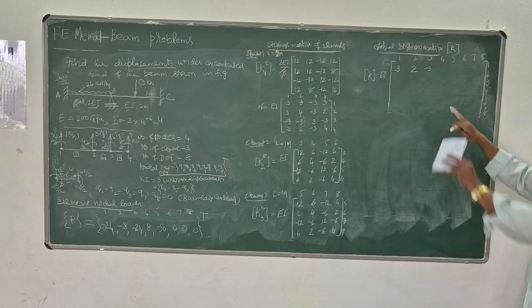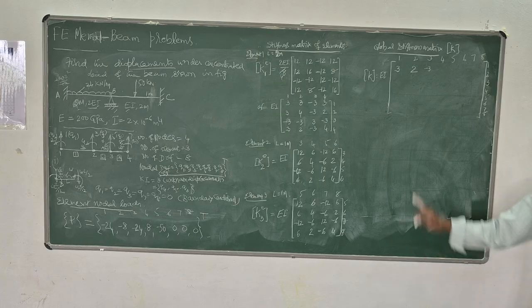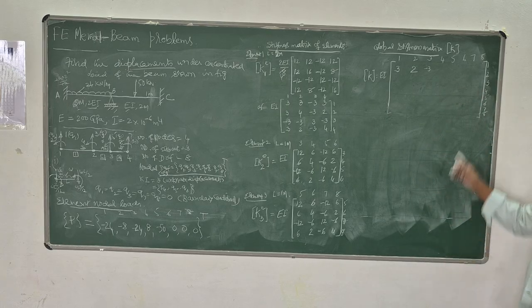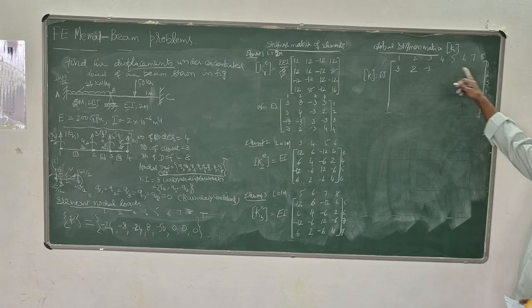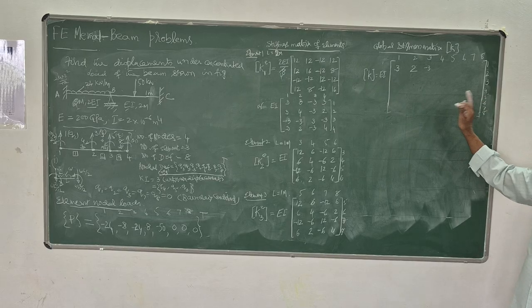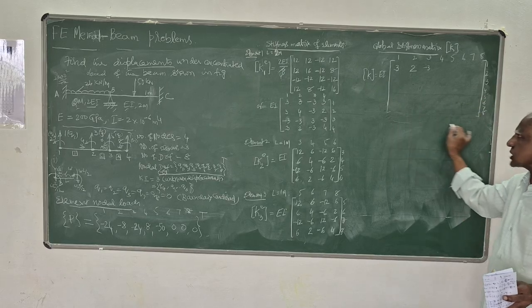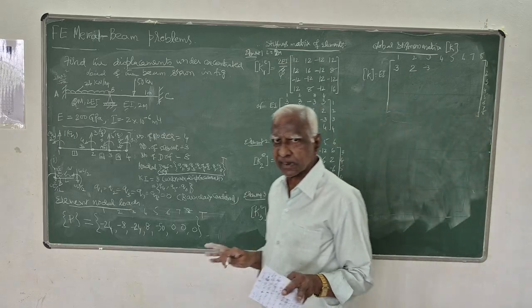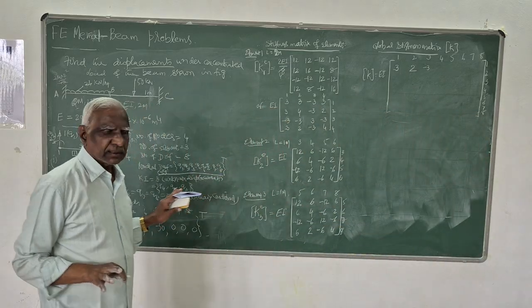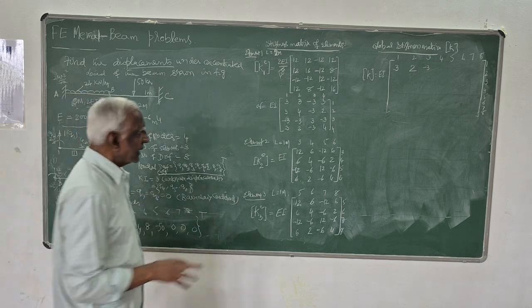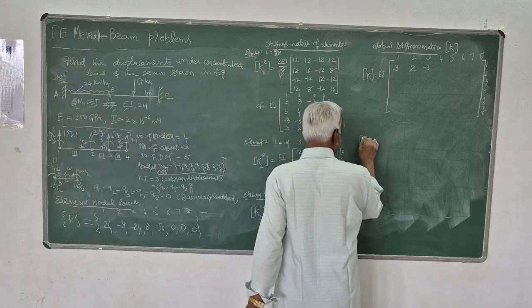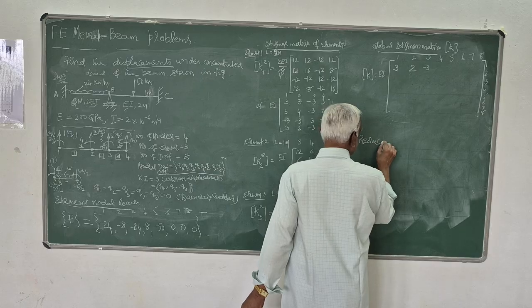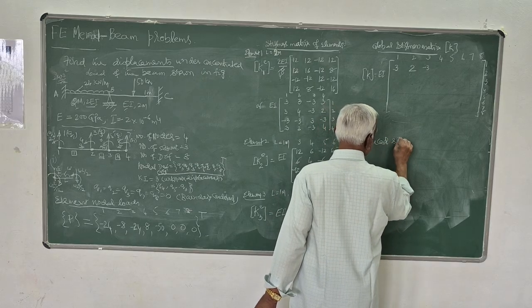Like that, you can generate the entire stiffness matrix. All the 8 by 8, 64 elements you can generate. And stop. If they ask in the problem, generate global stiffness matrix, you can generate it in this fashion. Next, we take reduced stiffness matrix.